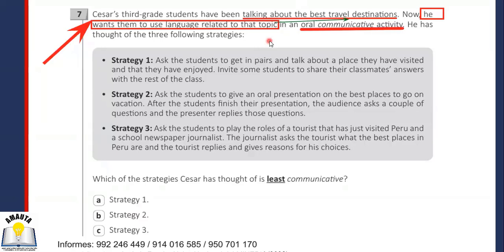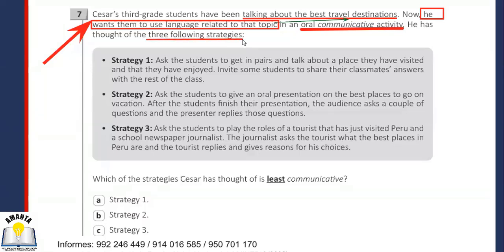So here we have definitely the communicative approach in this item. He has thought of the three following strategies. We have three different strategies.